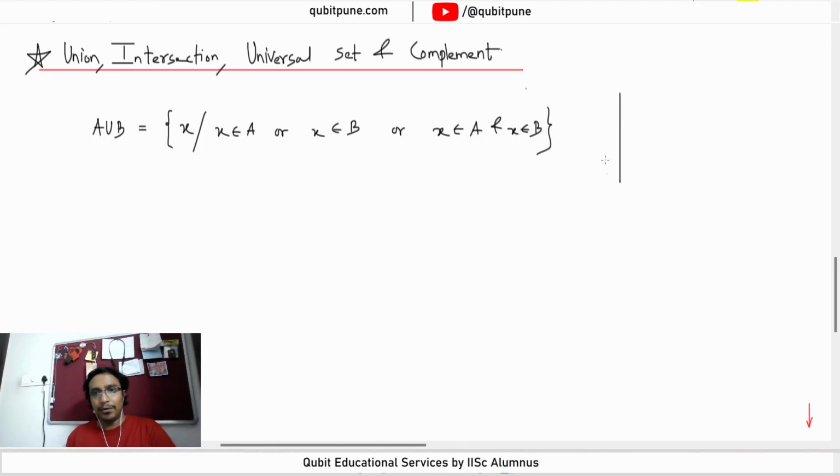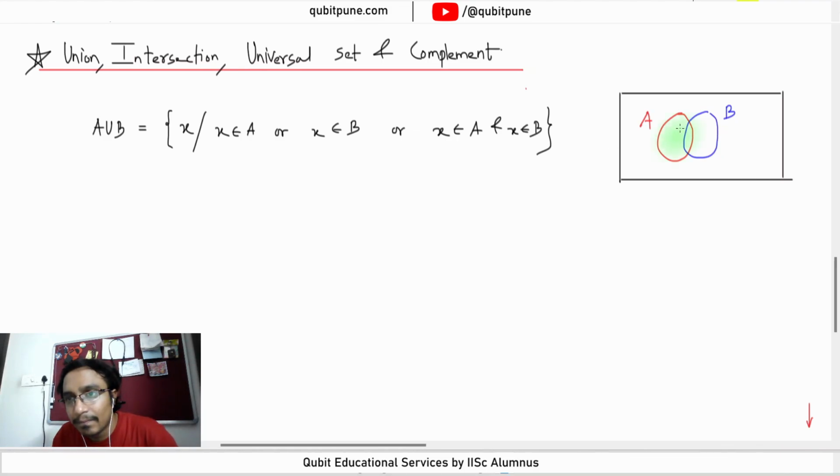If I want to represent this in terms of a Venn diagram, if this is my set A and this is my set B, then A union B would be this set. The equivalent operation in propositions or reasoning would be OR. P or Q: either this or that or both.